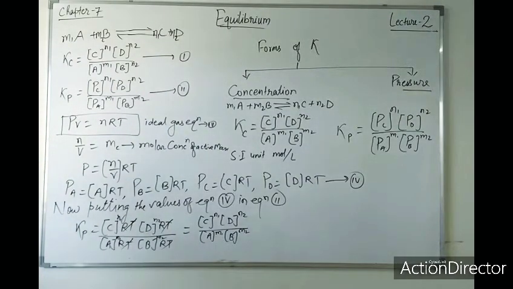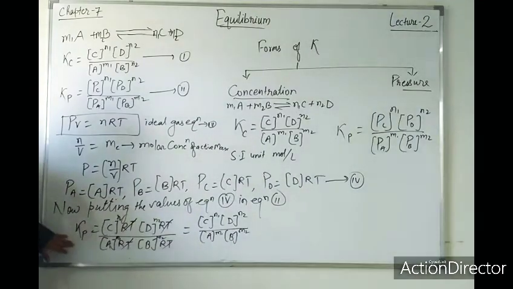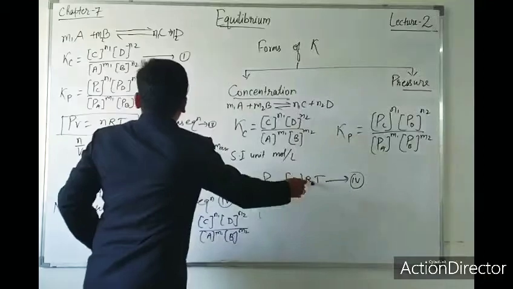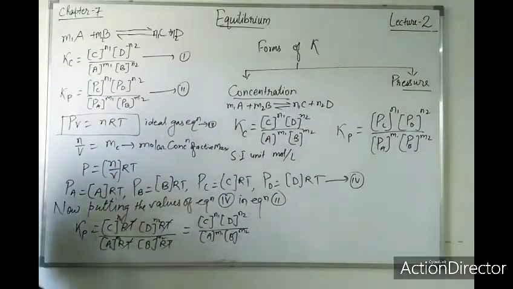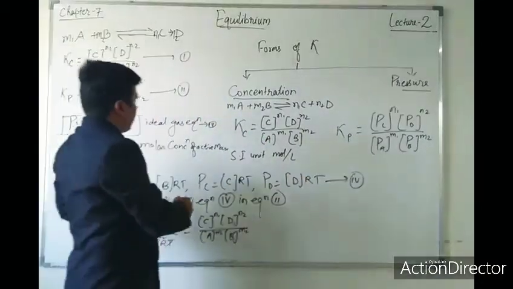So now here you can see the concentration of the product values. If you multiply this concentration with the values of RT, you just see, we have just taken the values from equation number 4 and put them into the equation number 2, and what we have got, that is our equation number 1.